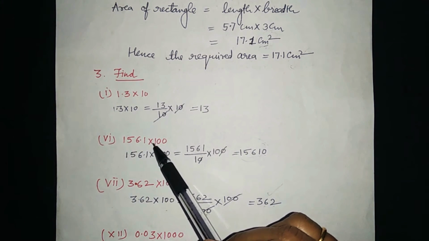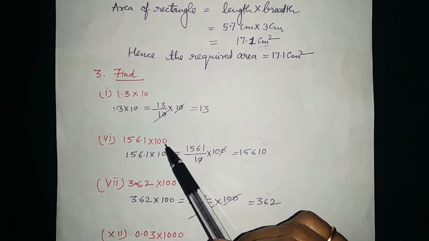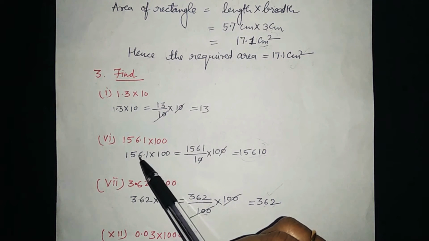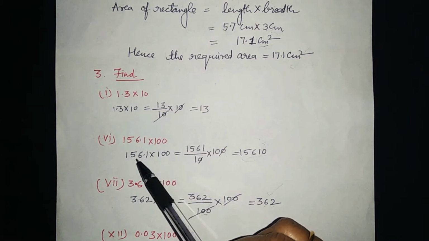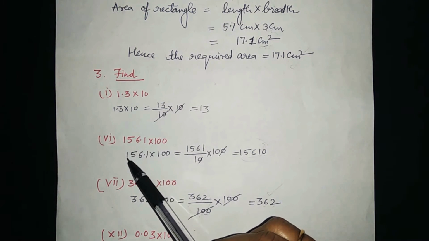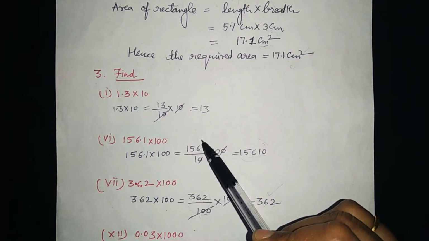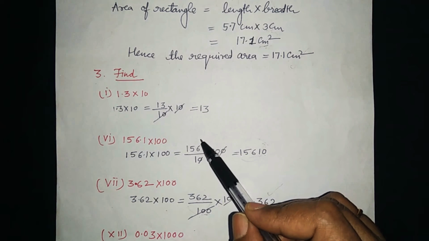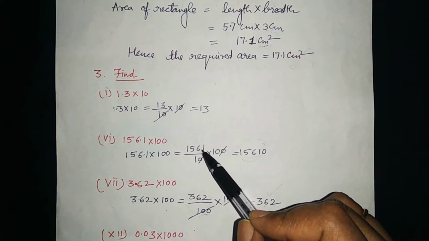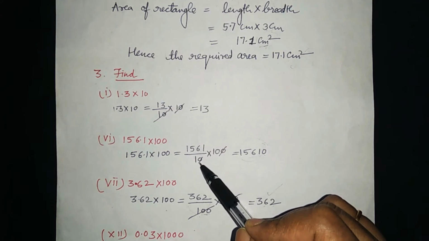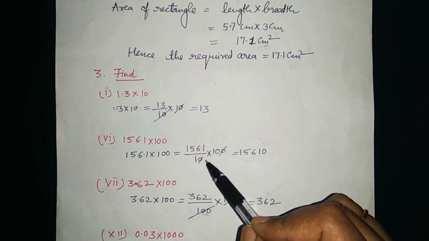Sixth part is 156.1. We have to multiply by 100. So see, in the same way we will solve the question. 156.1 is a decimal number. We will write this number as a fraction. So the fractional number will be 1561 divided by 10. Now you will think, why 10?